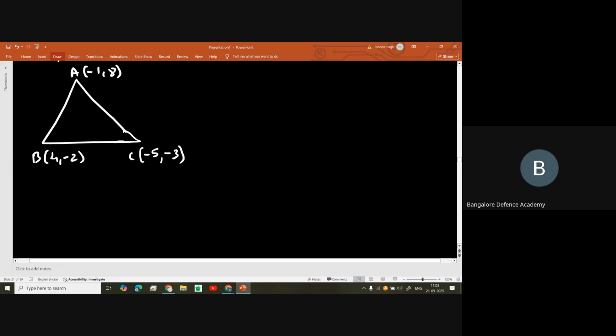You have to find the equations of AB, AC and BC. You are going to use (y minus y1)/(x minus x1) equals (y2 minus y1)/(x2 minus x1). First take AB, you get an equation. Then take AC, you get an equation. Then take BC, you get an equation. Start doing it quickly.